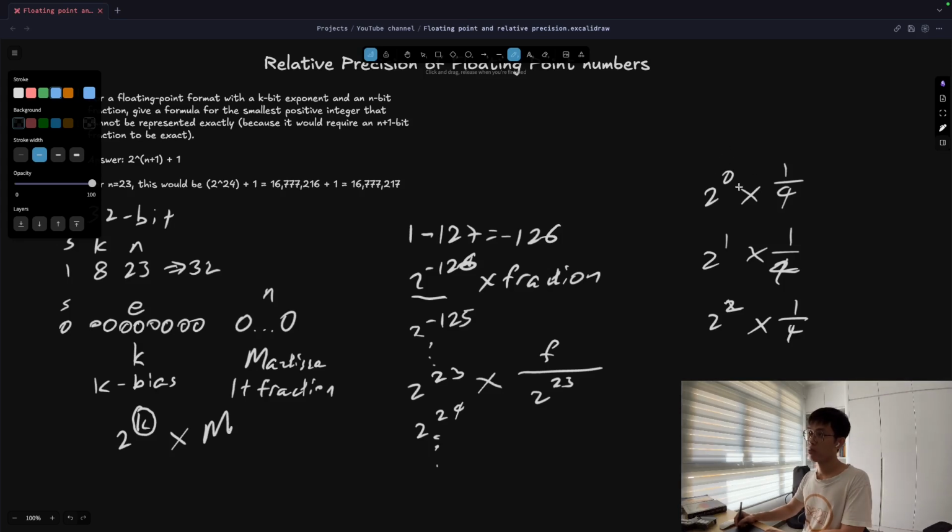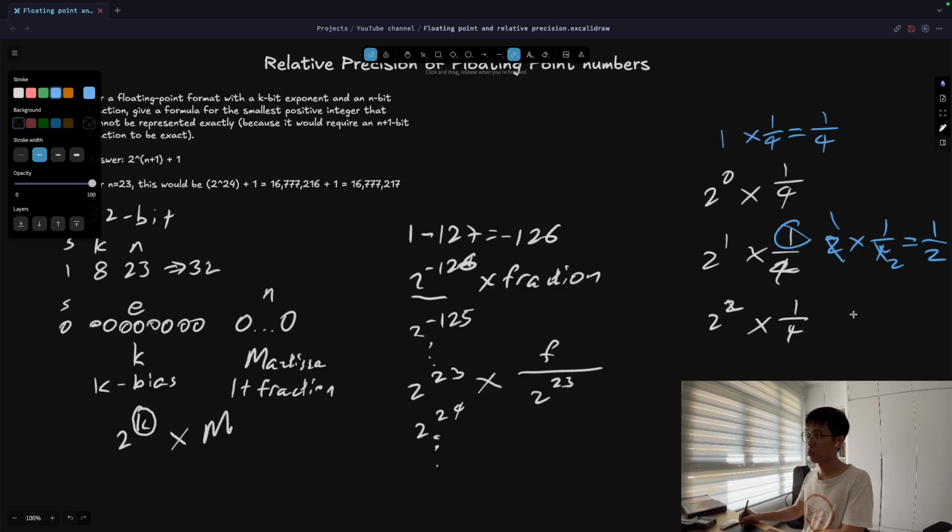That's because 2 to the power of 0 is 1, right? So 1 times 1 over 4, every increment of the fraction is just an increment in the value of 1 quarter. For 2 to the power of 1, it is 2 times 1 quarter, which means every increment in the value of the fraction is an increment of half. And I think you can see where this is going.